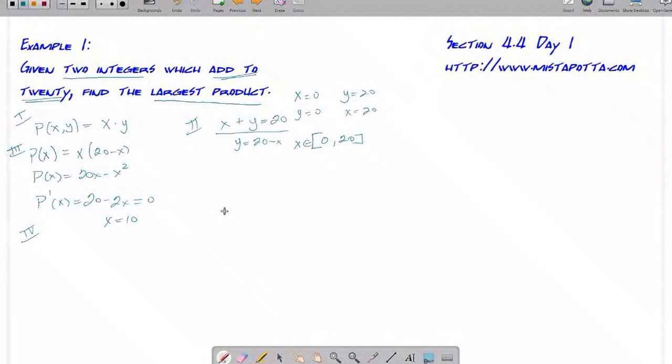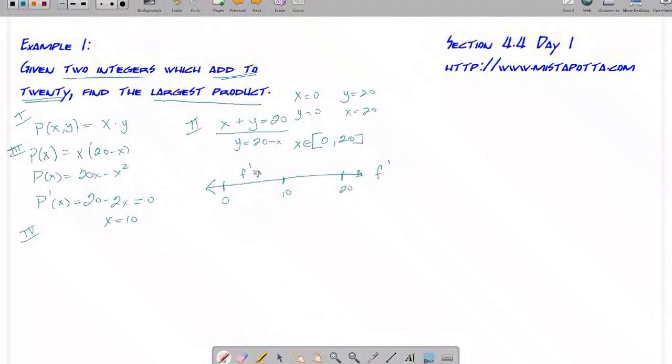So what I need to do now is determine, okay, is this really a maximum? And remember that there are two ways that I can do this. One way is to look at my derivative for values between 0 and 10 and values between 10 and 20. If I show that I'm increasing and then decreasing, then this has to be a relative max. If I show that I've got decreasing then increasing, then this has to be a relative min. So if I choose any value less than 10, say 1, I'm going to get 20 minus 2, which is 18.